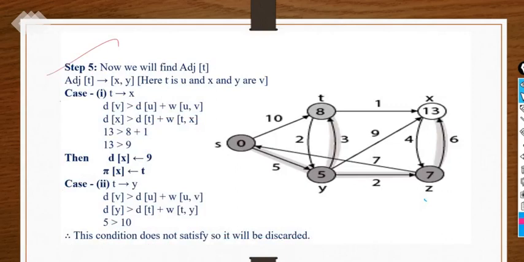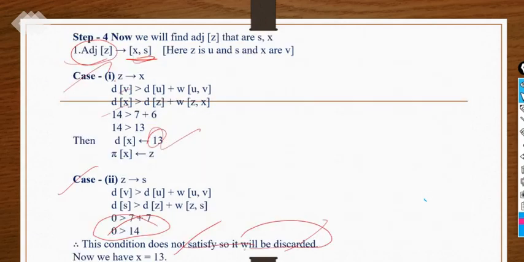Step number 5. Now we have to traverse the adjacent of t. Now why do we have to find the adjacent of t here? Again, because we have a false condition here, and we are again coming to the source node.